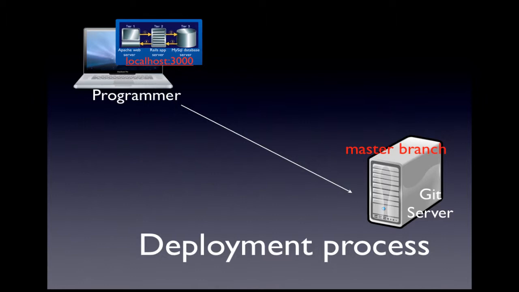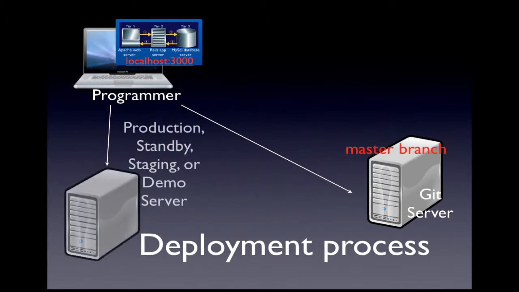And they will instruct any one of the four remote production servers, whether it's the production server, the standby server, the staging server, or the demo server. The programmer can very quickly, with a single command, instruct that server to go ahead and update itself from the master branch on the Git server.